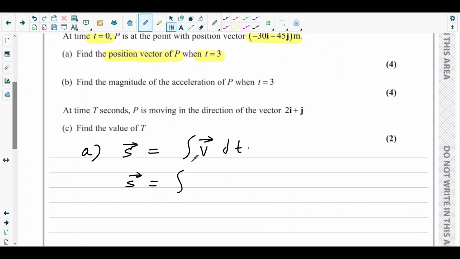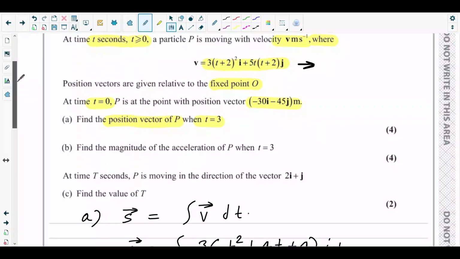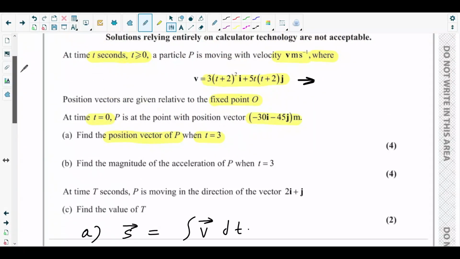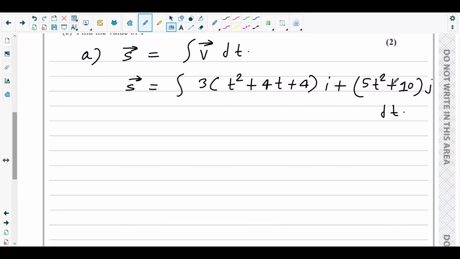You will get 3 times t squared plus 4t plus 4, i, plus the j component, which is basically 5t squared plus 10t, j.